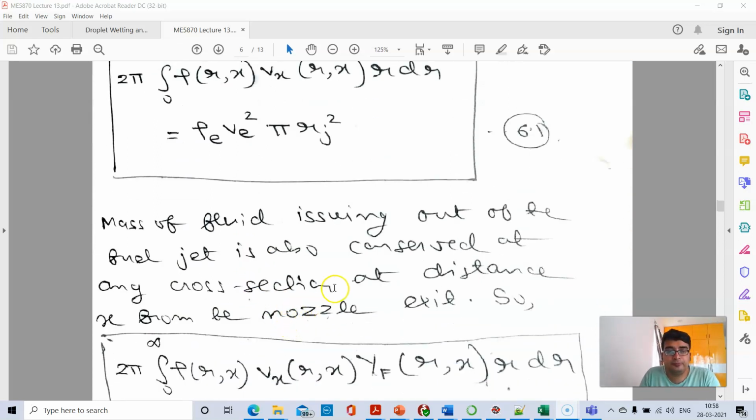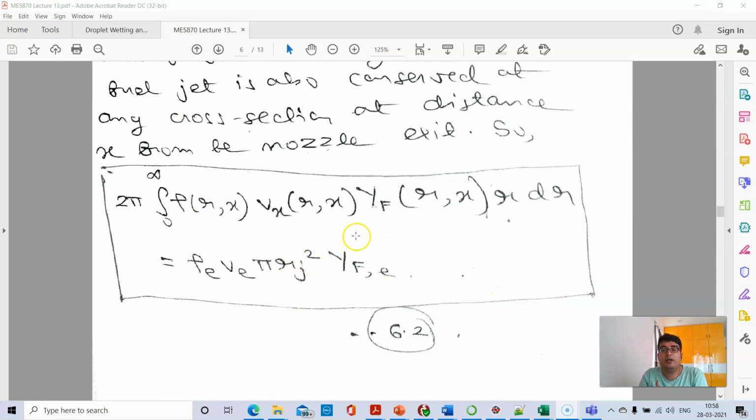All right. The mass of fluid issuing out of the fuel jet is also conserved at any cross section at a distance x from the nozzle exit. So the mass of the fuel coming out of the fuel jet is conserved at any x plane.